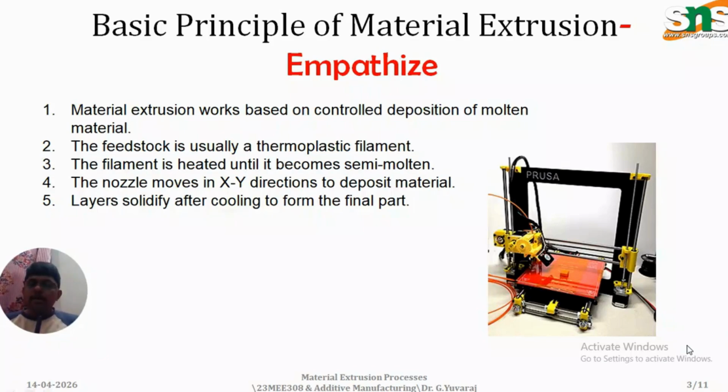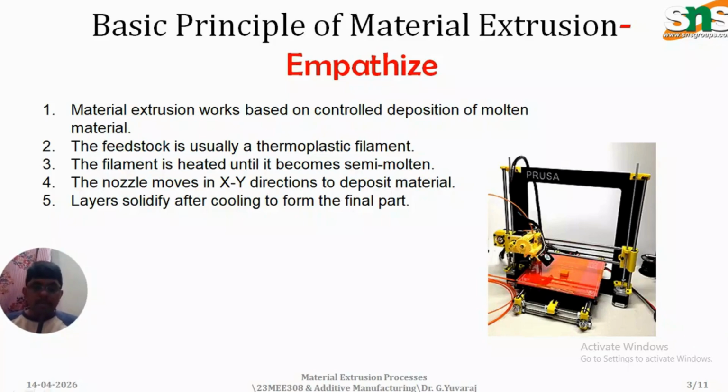The nozzle moves in the X or Y direction to deposit the thermoplastic filament. The layers solidify only after cooling to form the final part. Based upon that, this principle has been designed.